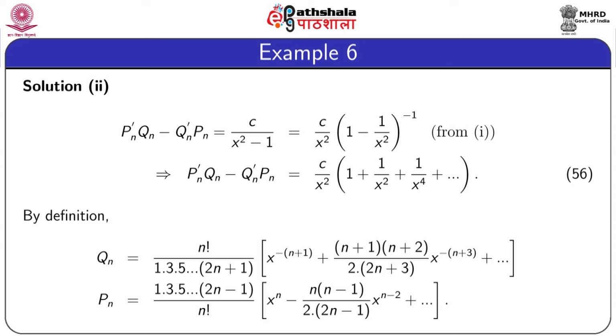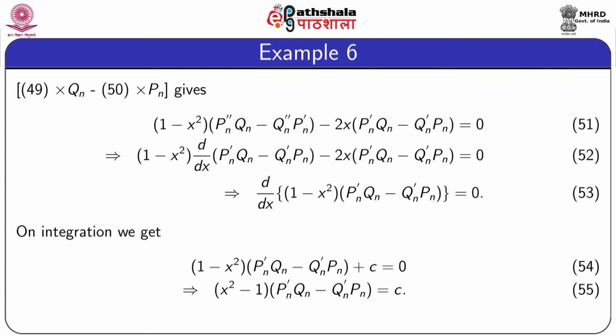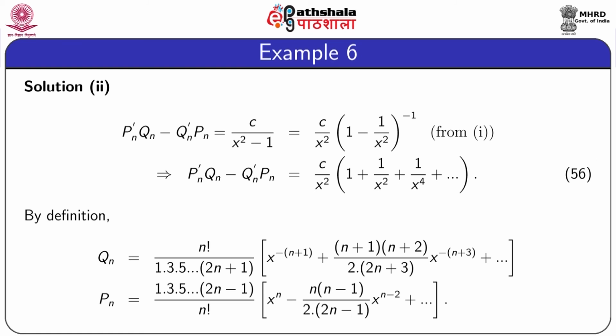We now move to the second part of the problem, where we have to prove Q_n / P_n = integration from x to infinity of dx / ((x² - 1) P_n²). We start with equation number 55, which can be rewritten as P'_n Q_n - Q'_n P_n = c / (x² - 1), which is equal to (c / x²)(1 - 1/x²)^(-1).